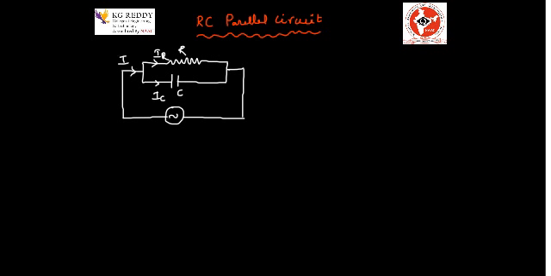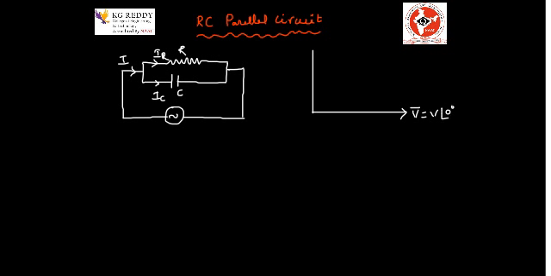Now if you see the vector diagram, I am taking V as my reference, V equals V at an angle 0 degrees.